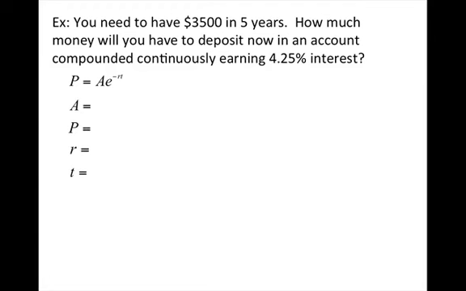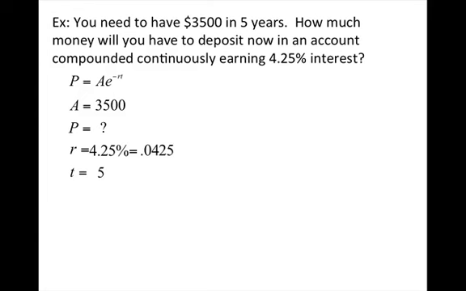My A is my final amount, and that's the $3,500 that I want to end with. My P is my principal, and that's what I'm looking for. R is my interest rate, which is 4.25%. If I divide that by 100, I get 0.0425. T is my time in years, and this was for 5 years, so my T is 5.